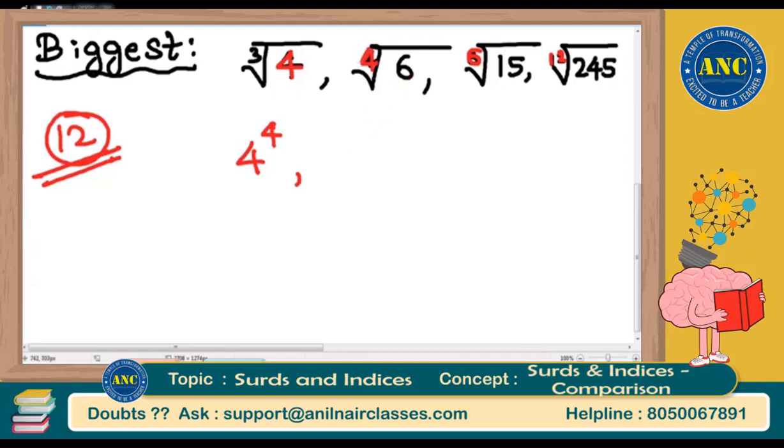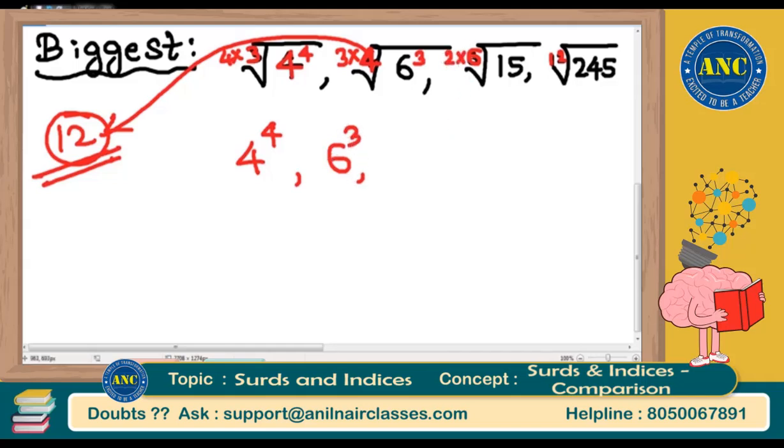For the 4th root, 4 is there, but I want to make it as 12. Multiply by 3. If I multiply the 3 with 4, I will raise the power to 4 inside. If I multiply this with 3, I will write the power 3 inside. I believe that it is very clear, sir.